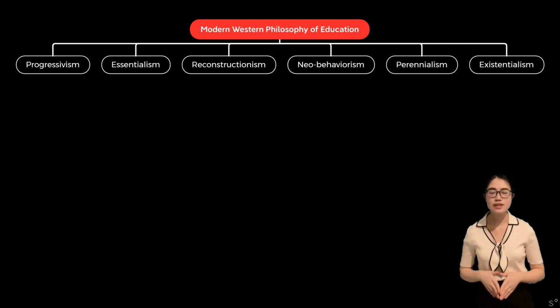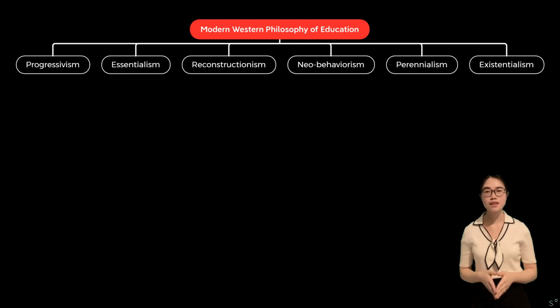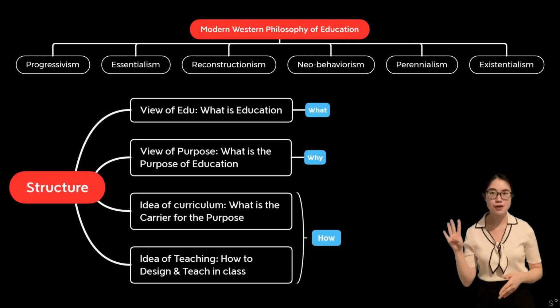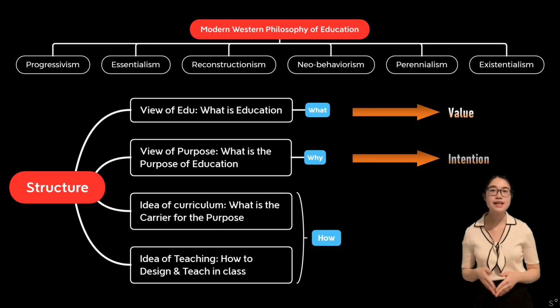If you just read it without a basic structure, you'll get lost and forget the things you have read. So I built a structure. Let's learn them in 4 parts. View of education, view of purpose, idea of curriculum, idea of teaching, corresponding to the value, intention, and methodology.